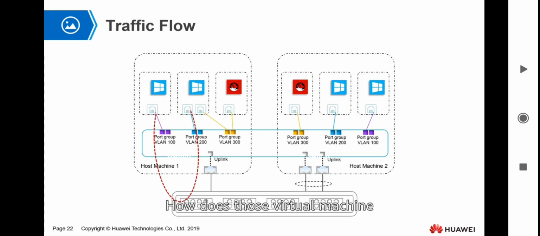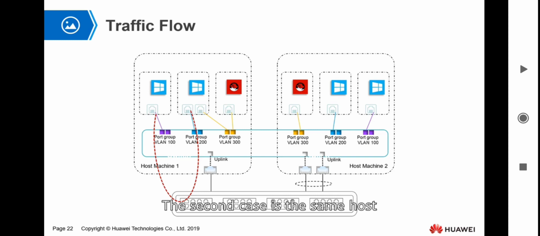So, how do these virtual machines communicate? The layer 3 switch we talked about earlier can route between different VLANs. So, the virtual machines from different port groups must connect to the layer 3 switch. The data first goes out to the layer 3 switch and then comes back across the physical network.